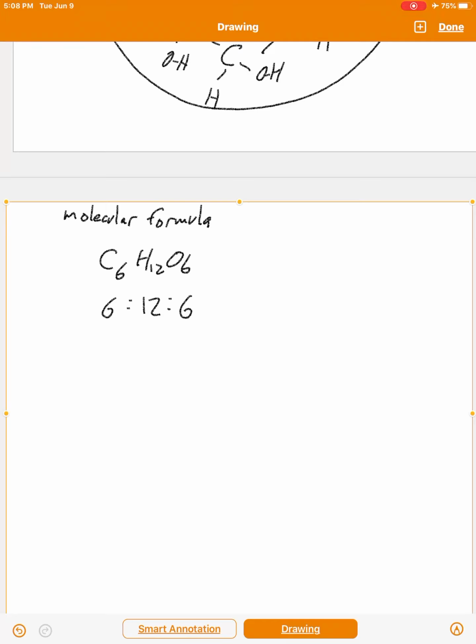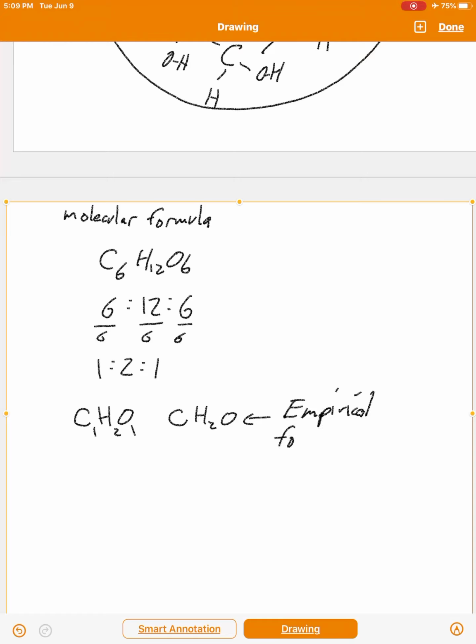The simplest possible ratio would be if we divided each of those numbers by 6, right? We would get 1, 2, 1. Meaning that the ratio of carbon to hydrogen to oxygen is 1 to 2 to 1. Now, in chemical formulas, we generally do not write the subscript 1, so we would just write CH2O. And this is what we call the empirical formula for glucose.